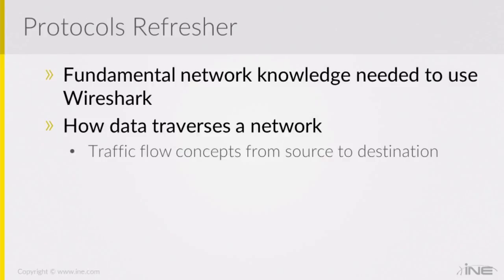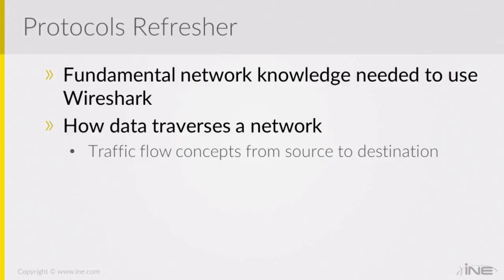All the way to understanding that when you actually booted up that computer, you had a process where the MAC address needed to resolve, and you needed to get an IP address. So you're using ARP, you're using DHCP. Let's say you wanted to access that web server by name, and it's using DNS.